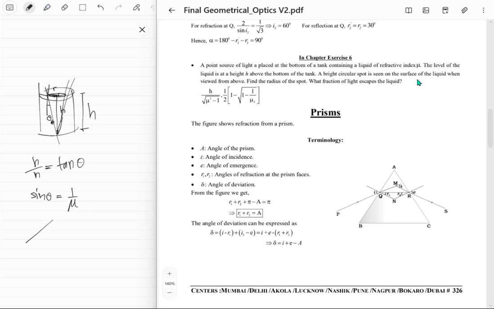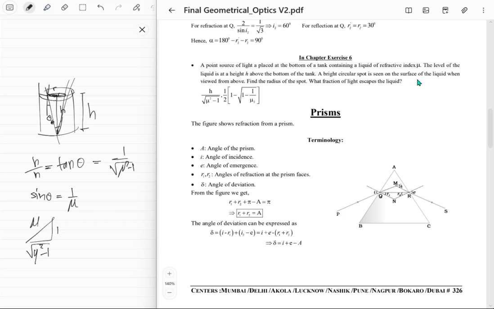So cos theta is square root of mu squared minus 1 over mu, and tan theta just becomes 1 upon square root of mu squared minus 1, right? Yeah, this should work, right? This is also theta, and that's why this works.